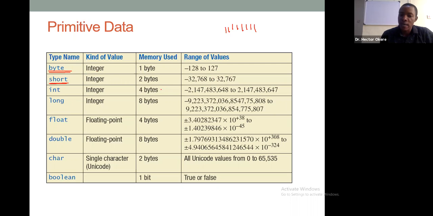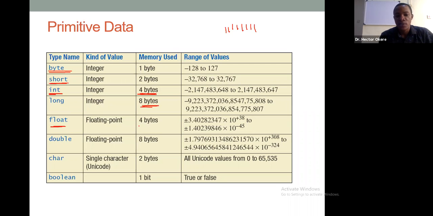It uses 2 bytes. That means ranging values from negative this to this, okay? Integer, okay? You don't need to worry so much about this. You just need to know what it means. Memory that is being used for integer is 4 bytes, okay? For long, is 8 bytes.